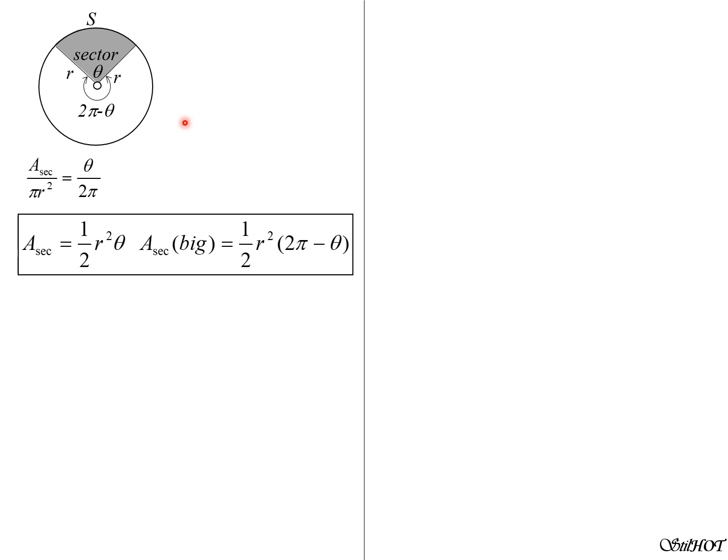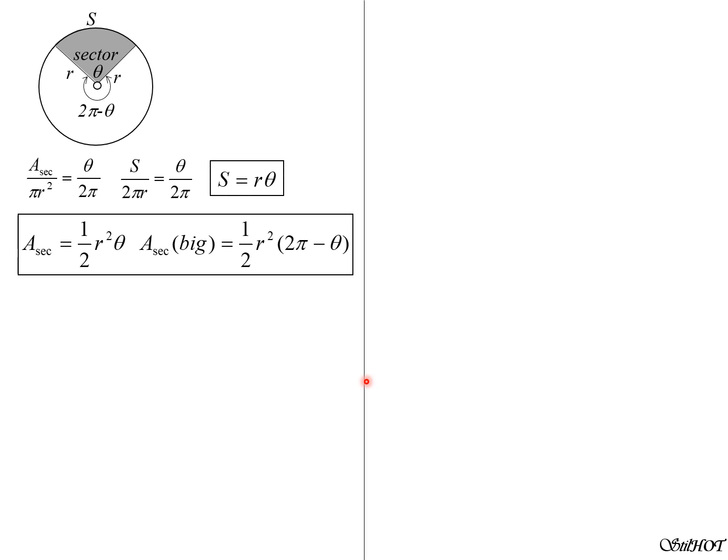You can easily memorize them if you derive them also. Arc length S is to 2 pi r, the full circle, as theta is to 2 pi radians, the full circle. So that's why S is radius times theta. Theta is in radians.